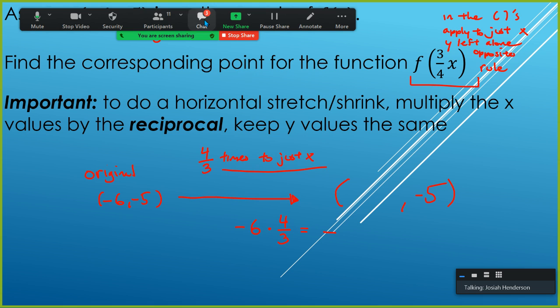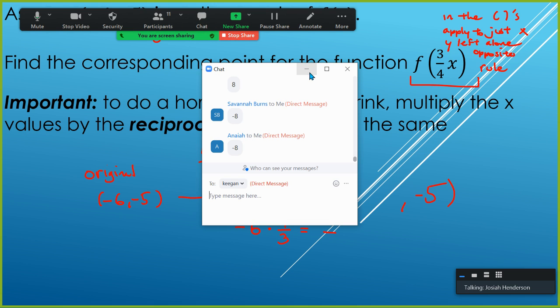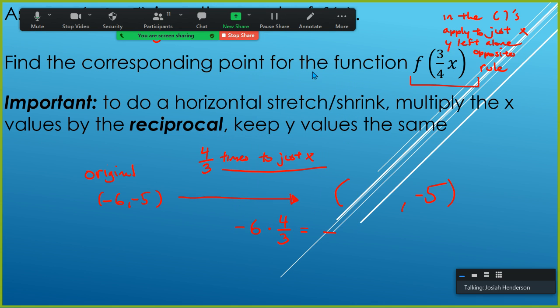I see some more chats. Hang on. Oh, Anaya and Savannah. I think that was from last time. Good job, both of you. Thank you. And Tira for asking. Yeah, so we're always going to flip it when it's in the parentheses, folks. Always flip it in the parentheses. Just like how we always changed its sign when it was in the parentheses too.